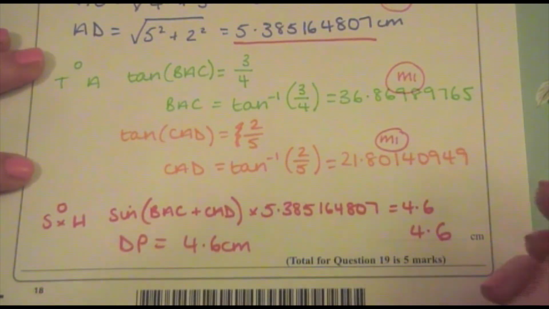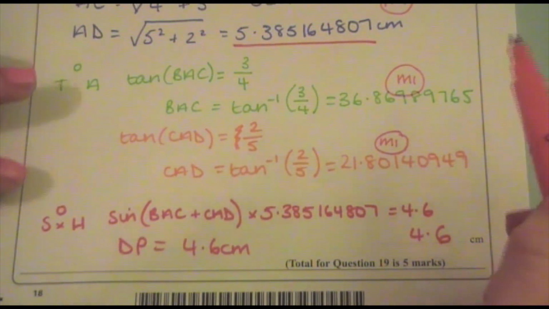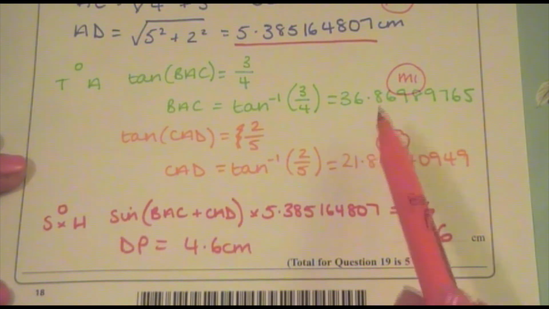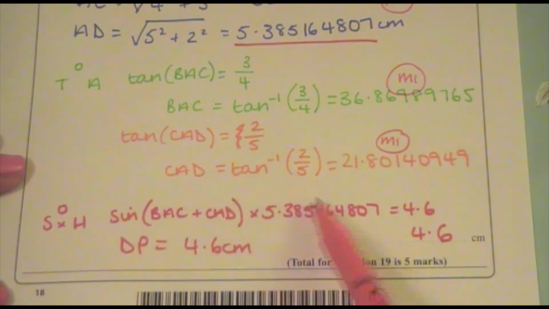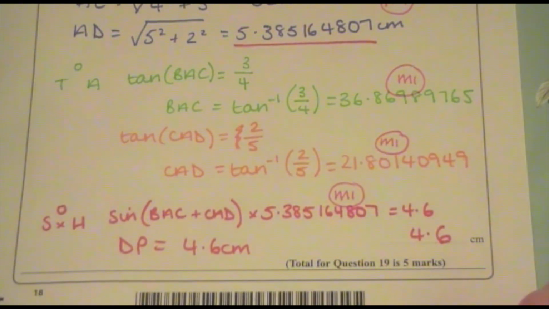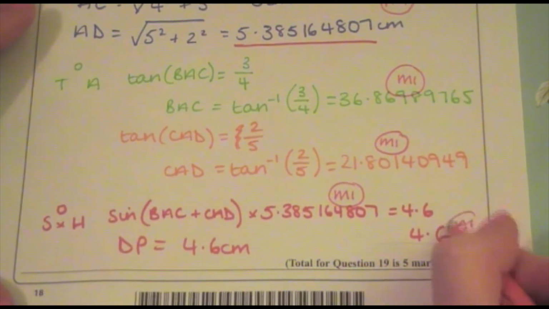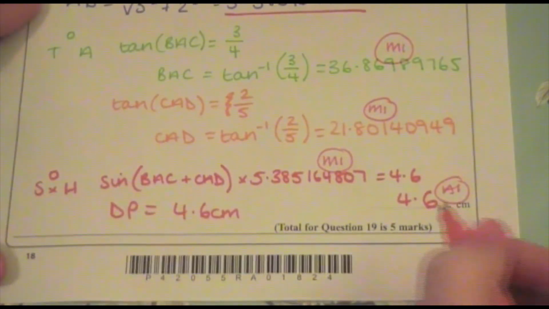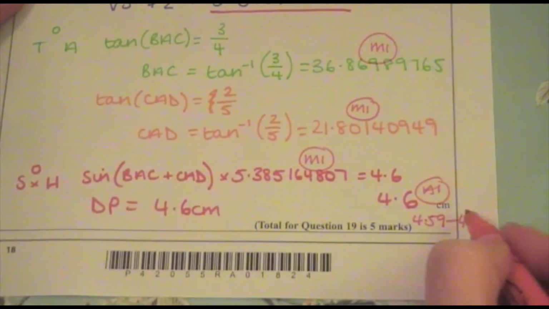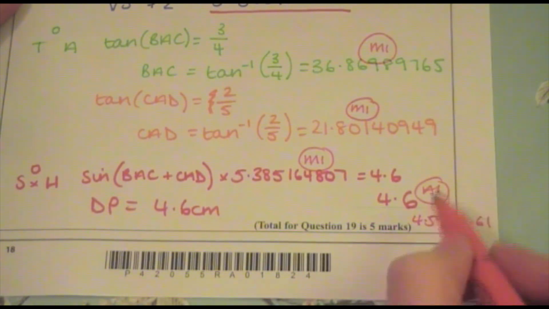And then my fourth mark will come from trying to calculate the length of DP, so the fact that I've substituted all the values that I've calculated into this formula. And then my final mark will come for getting the answer. Now the mark scheme states that I can have any answer between 4.59 and 4.61. And I still get that answer mark.